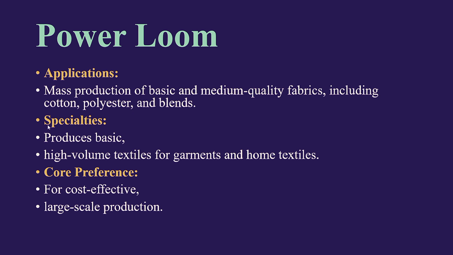Specialties: produces basic, high volume textiles for garments and home textiles. Core preferences: these are cost effective for bulk production. Where large scale production is required, power looms are used.